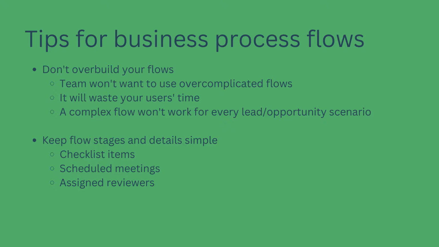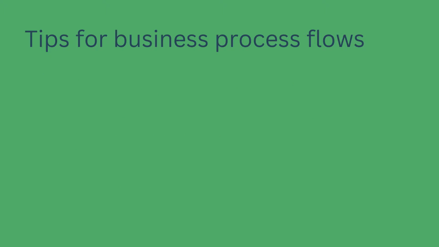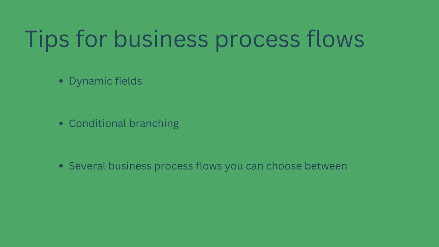You've assigned a reviewer, those sorts of things. And you really should use some of the tools with business process flows and utilize things such as dynamic fields, conditional branching, and maybe implementing multiple business process flows for an entity if you need them.